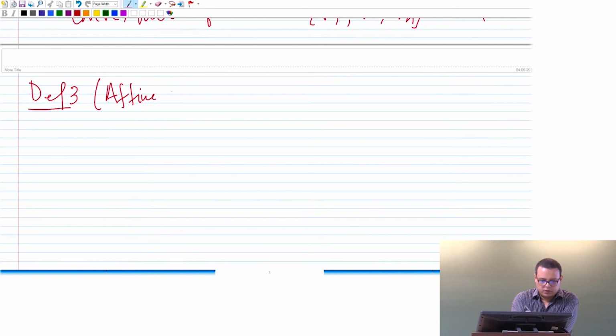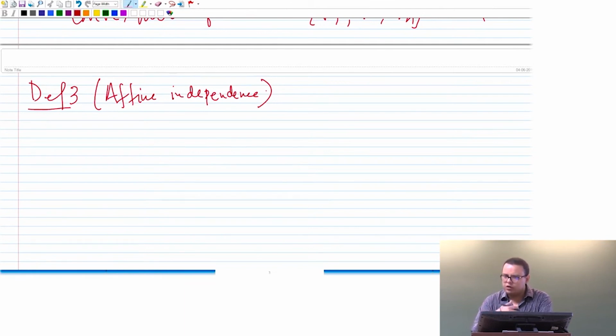Once you define affine combination, it is natural to define what is called the affine dimension of the points, or, given a set of points, are they affinely independent? Affine independence. In vector space we have this notion, right, dependent set of vectors, independent set of vectors.